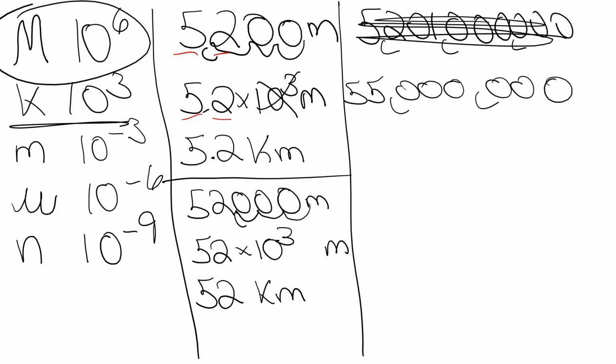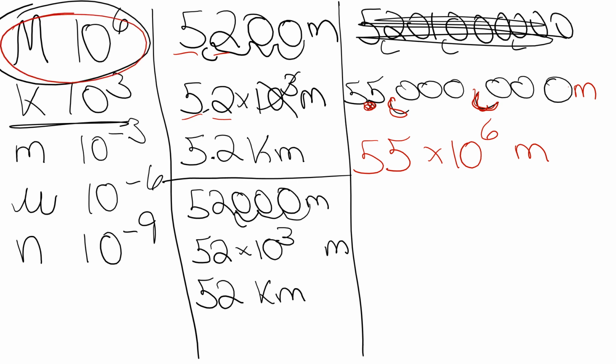Here, we're moving the decimal. Now, if we moved it in front of that first 5 for scientific notation, then we don't have powers of 3. So essentially, entering those commas is a key, because this is going to be 55 times 10 to the 6 meters. And then we can replace that 10 to the 6 with megameters.